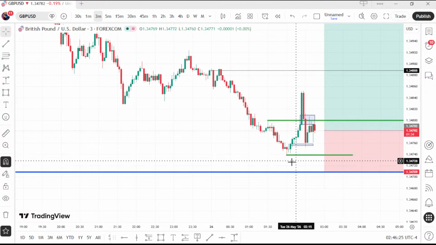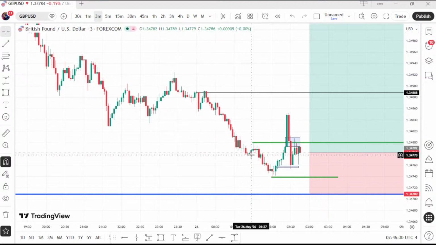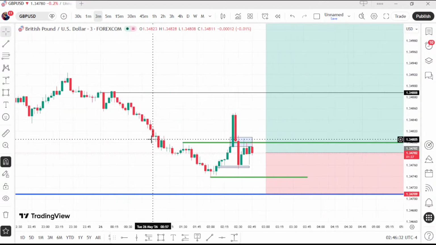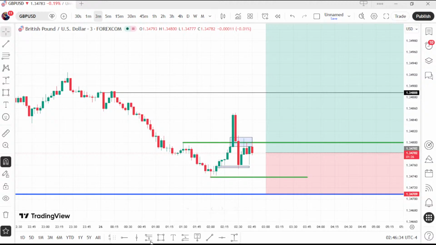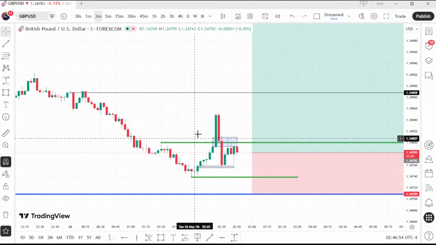If price will touch here, it will be a bad day. Yeah, it might be a fake up move. You're correct, very, very correct. You see that fake up move? Yeah, it might be giving us a fake up here.